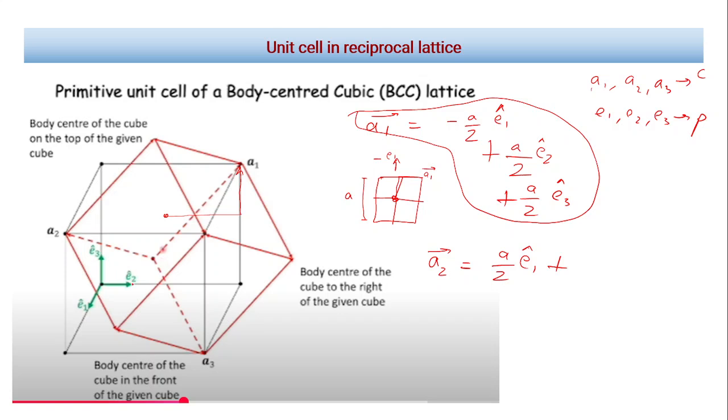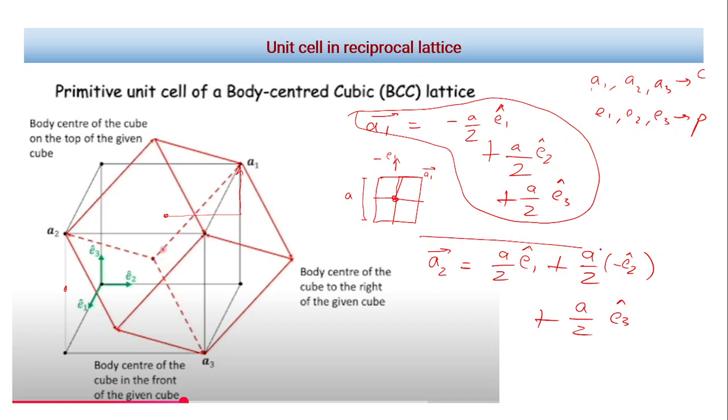Now it needs to move a by 2 towards this edge. So a by 2 towards this edge means minus e2 direction, and now it has reached here, halfway of this edge. Now finally to reach a2, it needs to move along e3 cap direction by a by 2.